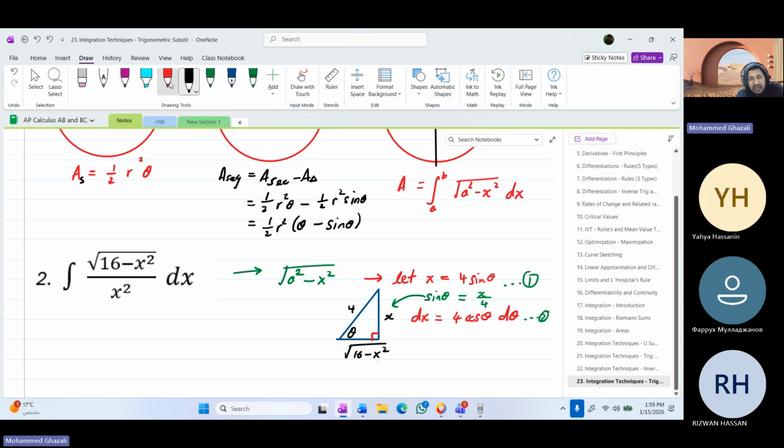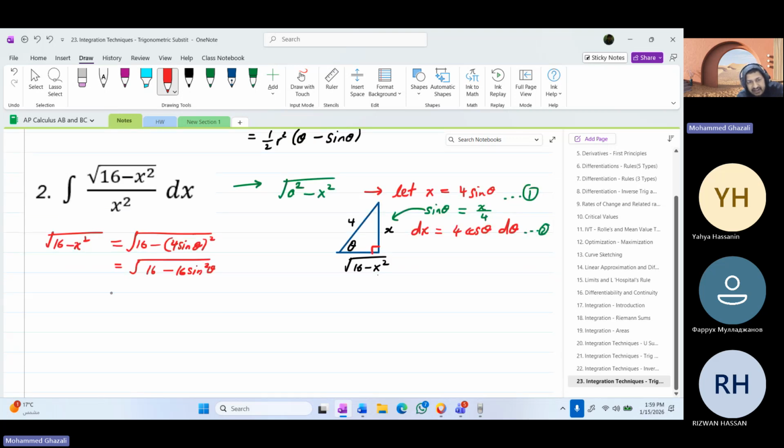So we can proceed. So let's simplify the square root of 16 minus x squared now. The square root of 16 minus x squared is the square root of 16 minus, what is x? 4 sine theta. Squaring that, which is the square root of 16 minus 16 sine squared theta. We can take out 16 as a common factor.